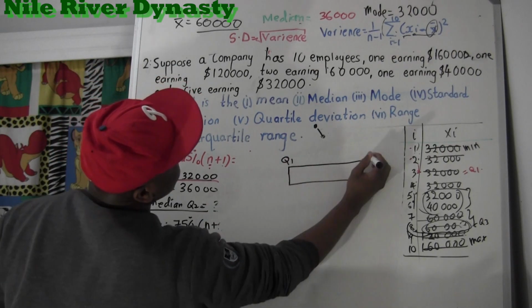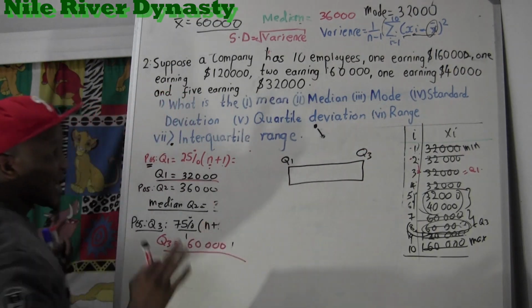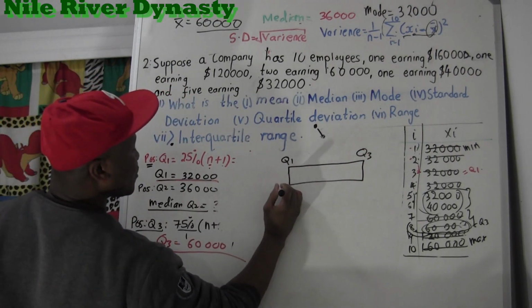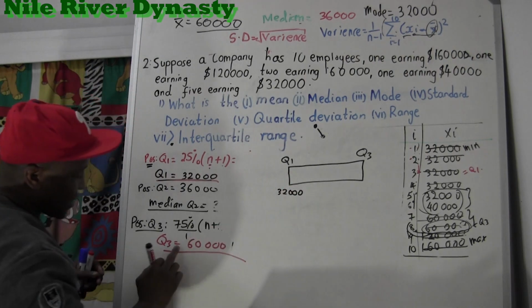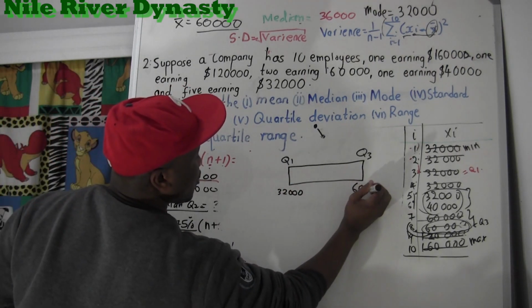This is quartile 1 and quartile 3, so start with those. Quartile 1 is equal to 32,000. Quartile 3 is equal to 60,000.